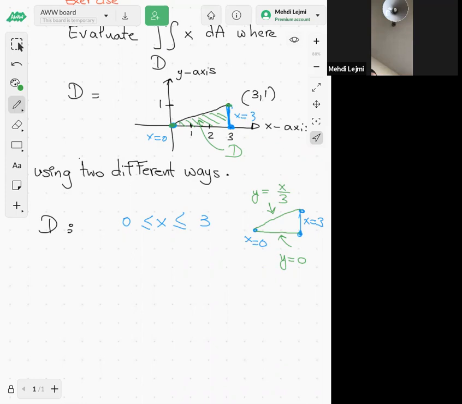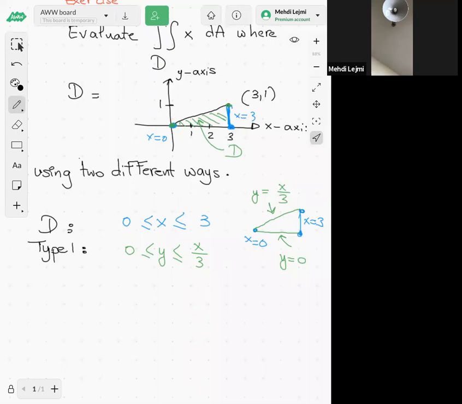Anyway, so then your y is between these two functions, y equals 0 and y equals x over 3. So my x is between two constants. So this is a type 1 description of the region D.